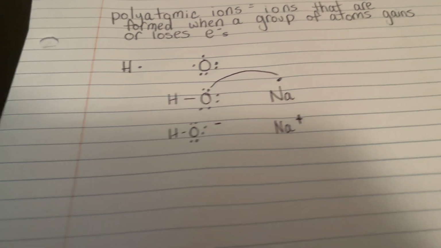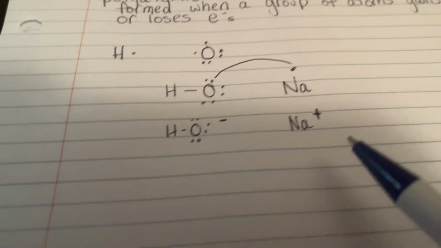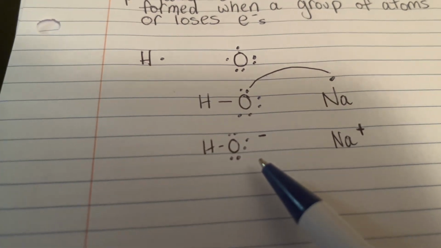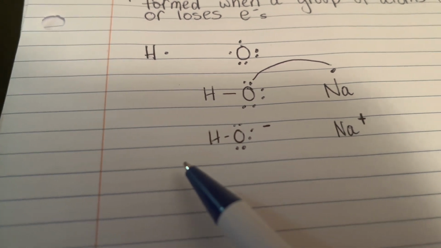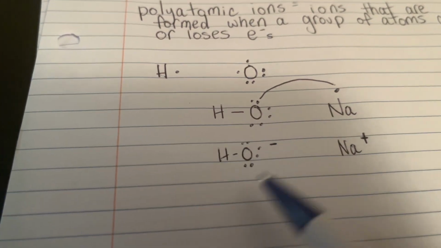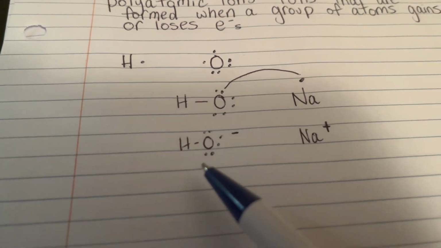So when this happens, this is not an oxide ion, okay? It also isn't a hydride ion. This polyatomic ion is called hydroxide, okay? So this is a hydroxide ion.